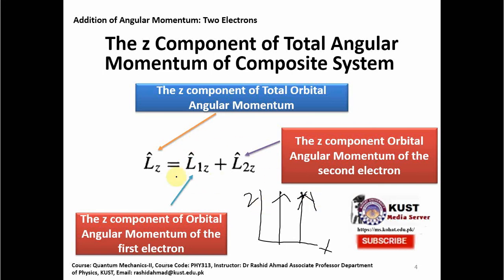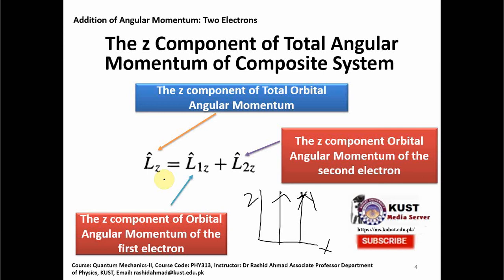So because of the same direction, we can simply add L1z to L2z, and this is the z component of the total angular momentum. Okay, so this was the first part of the lecture, where I have told you that we will be considering two physical quantities, L square and Lz, to represent the state of a composite quantum mechanical system.